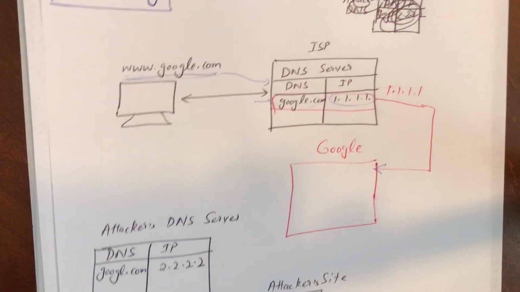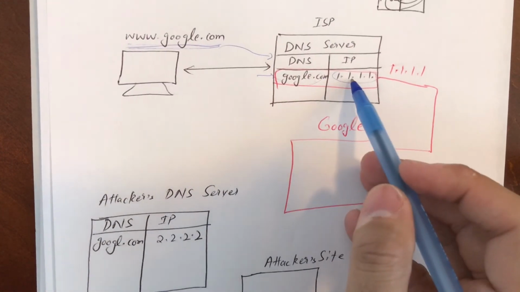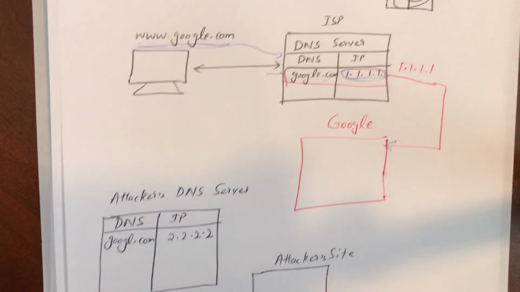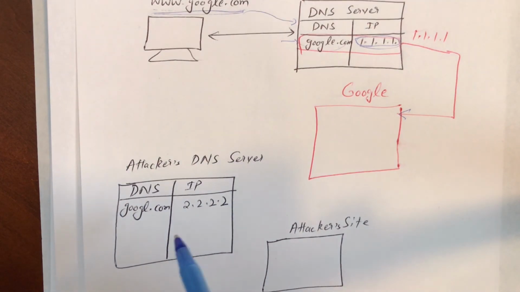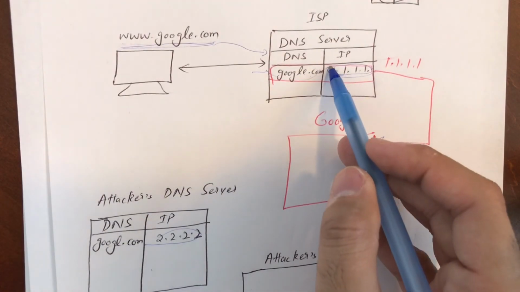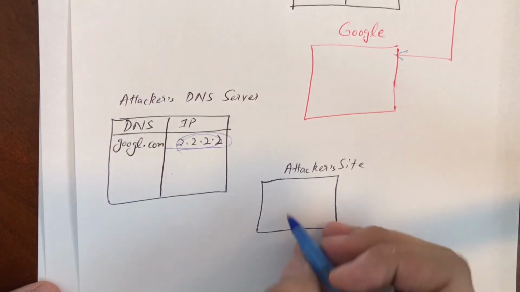In DNS poisoning, what does the attacker have to do? The attacker has to modify this particular IP address in the legitimate DNS server. The attacker will deploy his own DNS server and try to convince the legitimate DNS server that google.com is now located at 2.2, which is in fact the attacker's website.